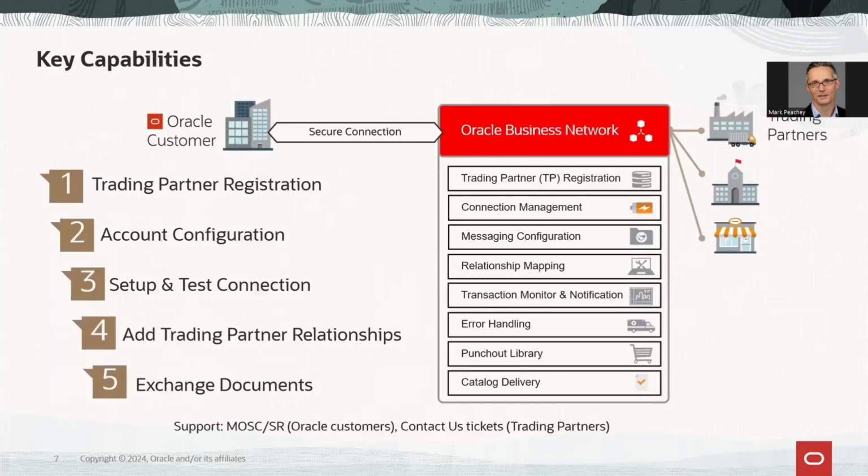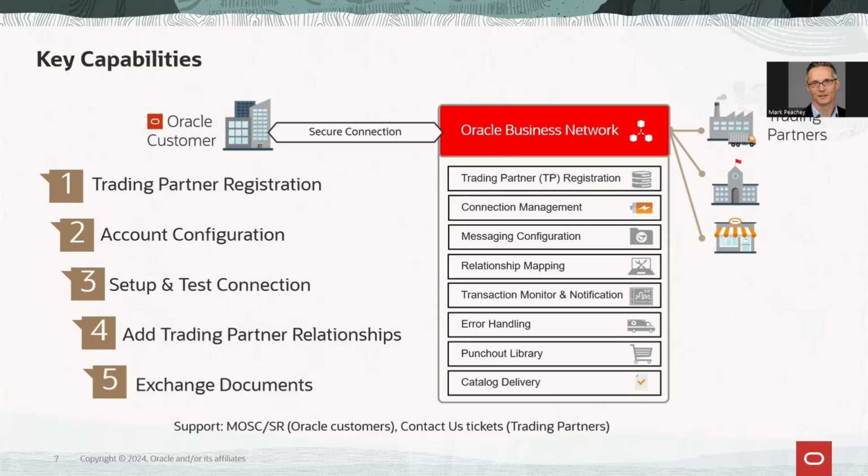The other thing that I will also walk through is some of the key functional elements of OBN, and as a messaging platform, it's not especially complicated, in the sense that there are really only 5 key steps involved in getting access to and then setting up OBN.